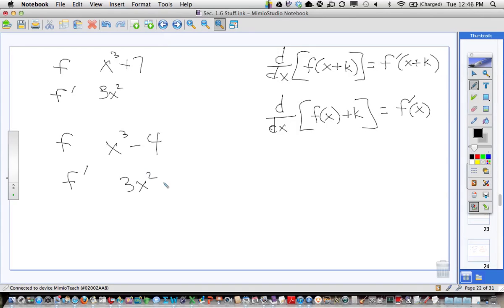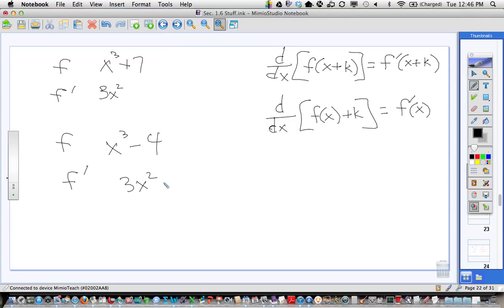Now, if you think about this, haven't we done this when we did graphs back in chapter 1? Remember when we would have an f prime graph to start? Pretend our f prime graph was this graph, 3x squared, and then we were going to draw the f graph. Where did we draw the f graph? Where did we start? But we didn't know, right?